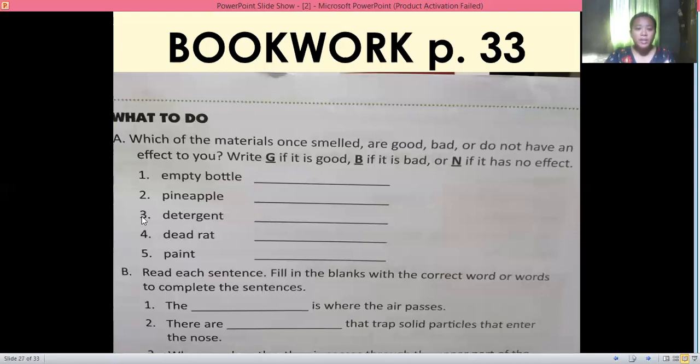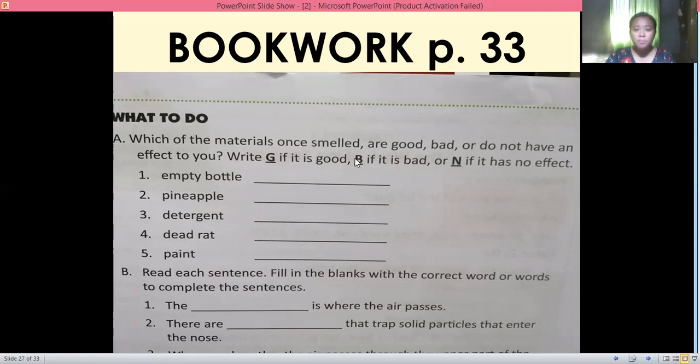Next, number 3, detergent, the one that your mommy and daddy use when they are washing clothes. Letter G, good. Letter B, it's bad. Or N if it has no effect.